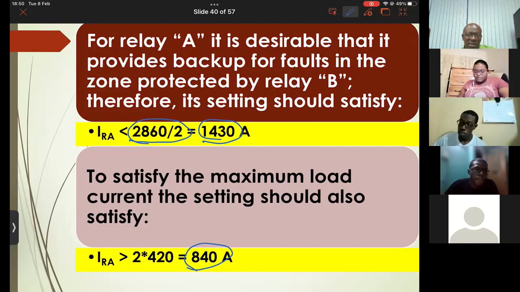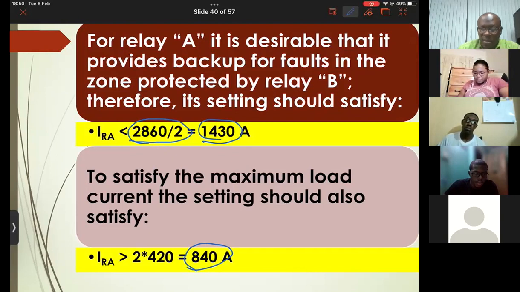What's the maximum setting? What's the maximum percentage? 200. What's the CT setting? 400. So what's the maximum I can get from this? So would it be 800? 800. All right?